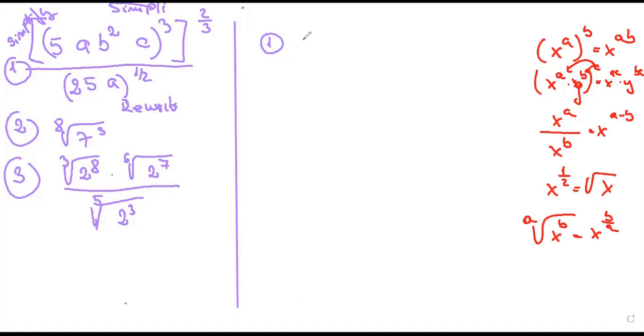So, first of all, we eliminate the inside bracket from number 1. So we have 5 to the power of 3 times A to the power of 3. So 3 is going to go to each one of them.